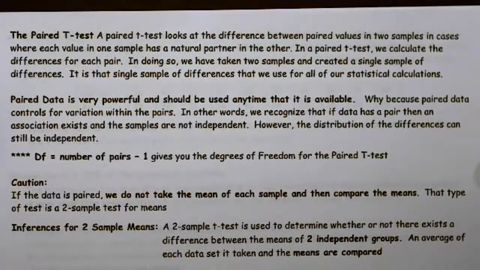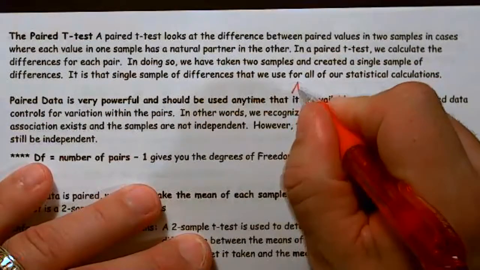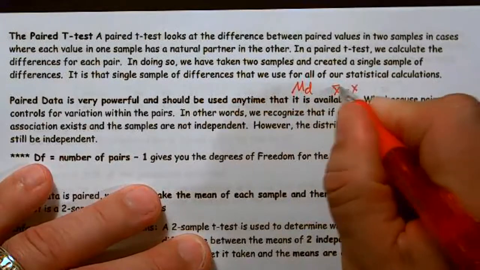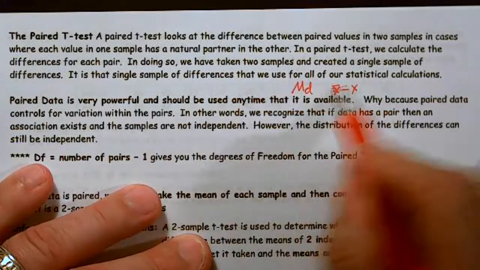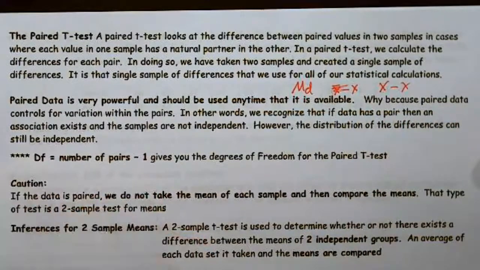In other words, it's comparing two values so that you're going to have a mu D, because you went x minus x, not x bar, but x minus x. It should have been subtracting two x's. And typically speaking, we're looking at a before and after type situation. In a paired t-test, we calculate the differences of each pair. In doing so, we have taken two samples and created a single sample.